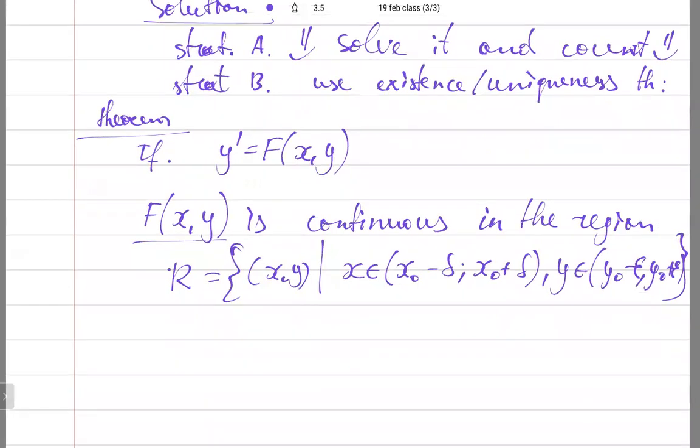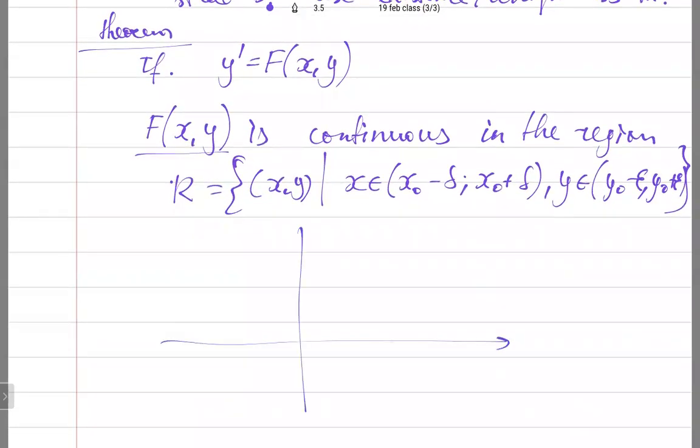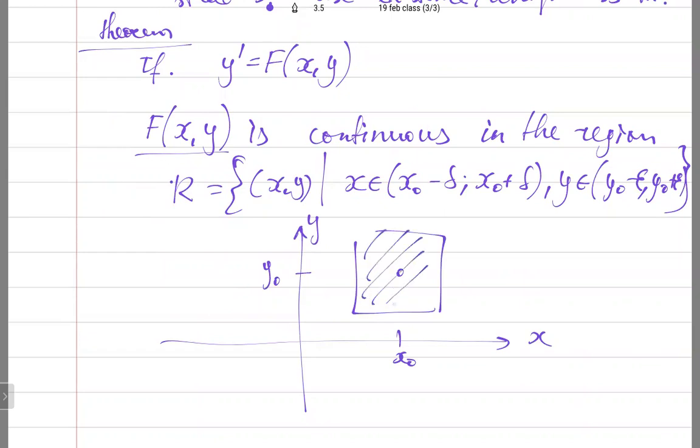So this function f is continuous around x0, y0. So the function is continuous in this region.